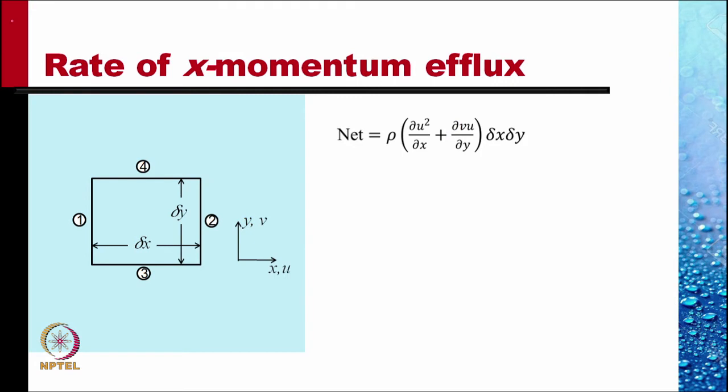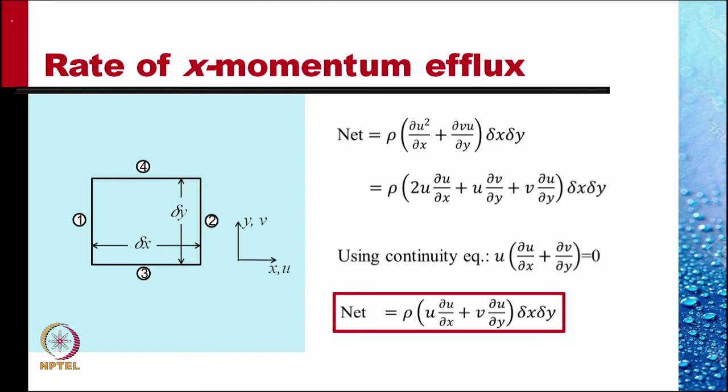This is the net efflux that we calculated, and we expand the terms del u square by del x and del vu by del y to obtain the net efflux as rho into 2u del u by del x plus u del v by del y plus v del u by del y, into delta x delta y.